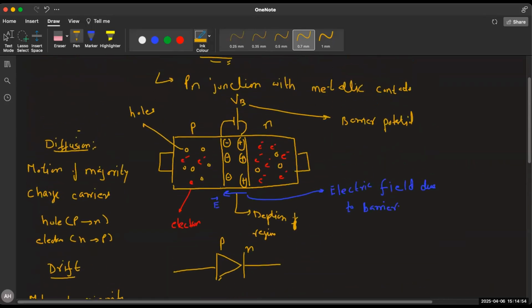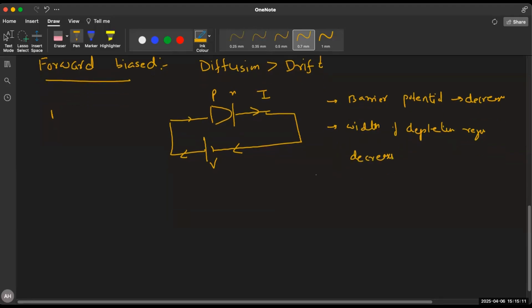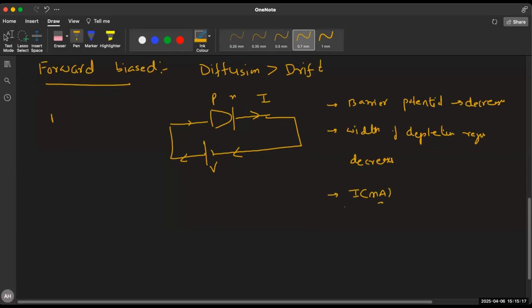The width of the depletion region also decreases. This is forward biased, and your current is a large current, in milliampere.